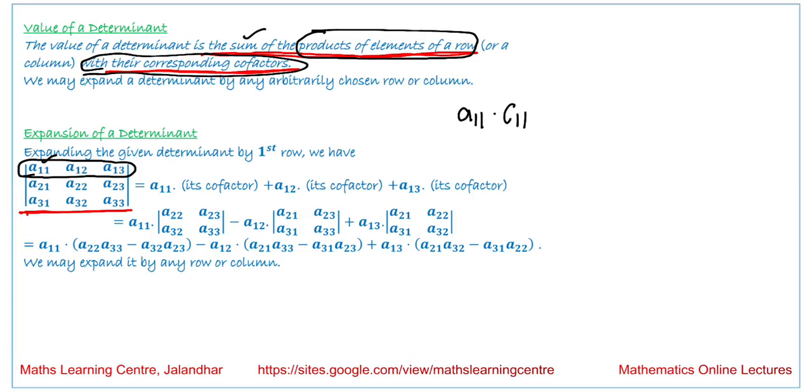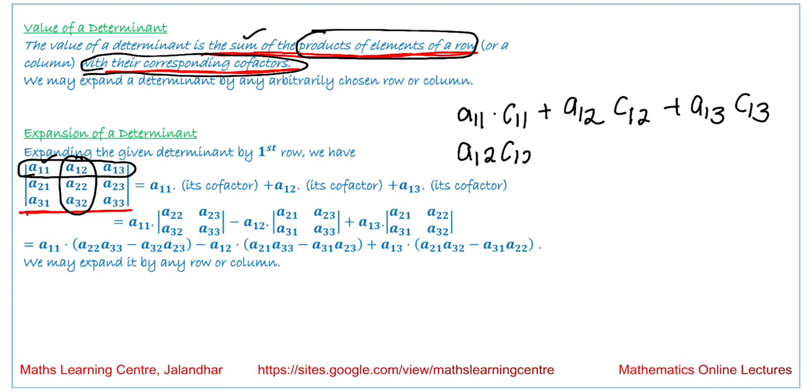Next it is plus A12, cofactor corresponding to it is C12, plus A13 C13. Or suppose I am choosing this second column, the answer will become A12 C12, A22 C22, A32 C32.